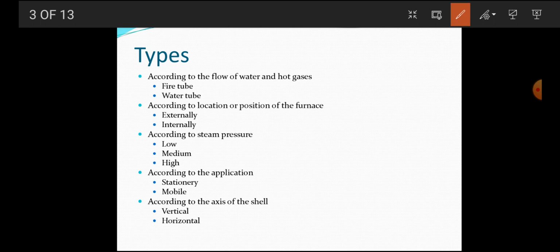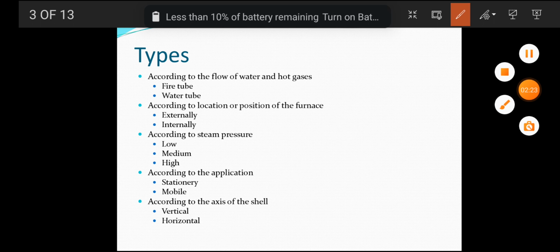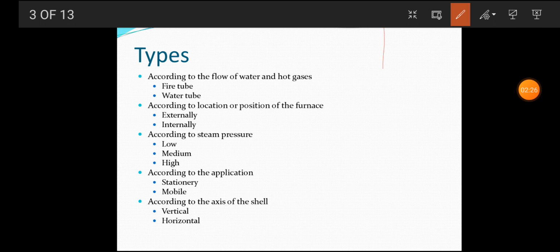There may be various factors which can reduce the efficiency of equipments. And the second definition is a boiler. A boiler is a closed vessel in which water or other liquid is heated. Superheated steam under high pressure is generated for the purpose of power generation. So that is a boiler.